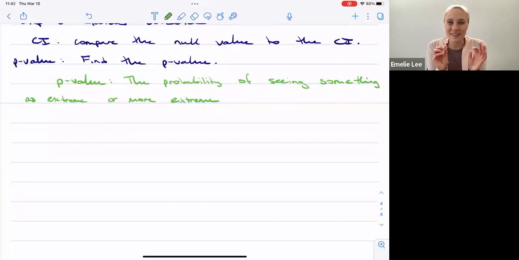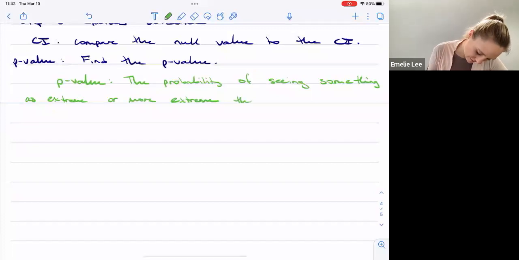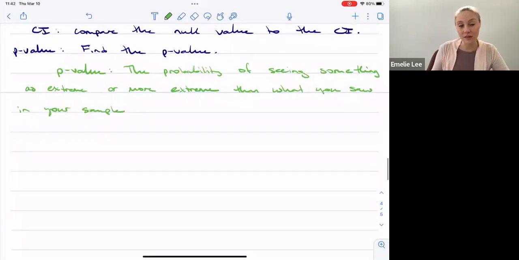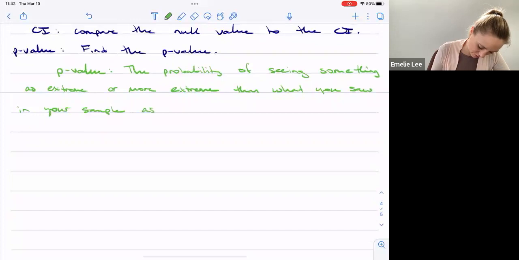And then here's the most important part: assuming the null hypothesis is true.